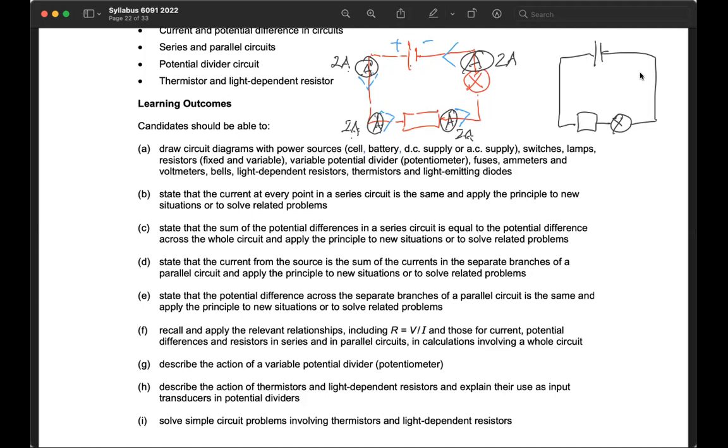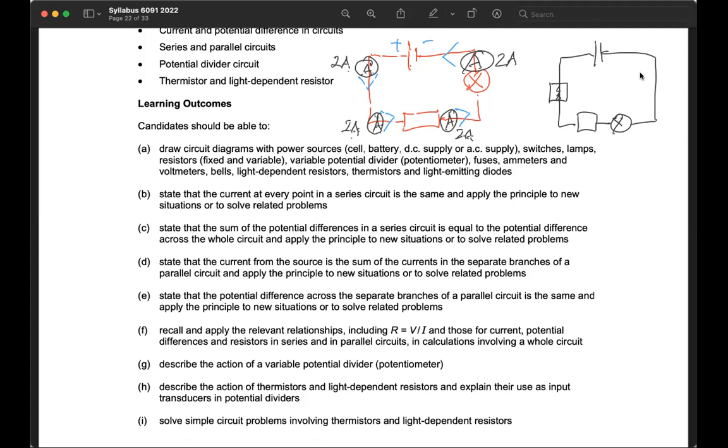If I were to add in another resistor, what does a resistor do? If you learned in lower secondary or even in primary school, you will learn that for any additional resistor, the higher the resistance, the less current will flow through it. Do you remember that? That is what you learned last time.